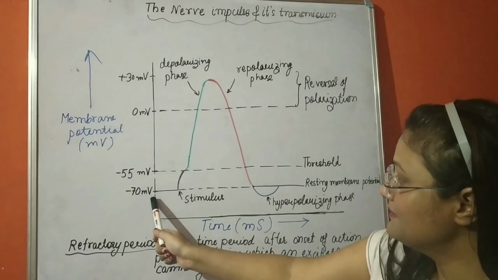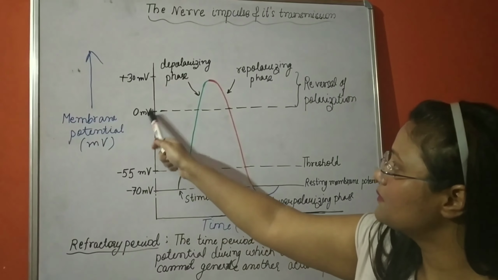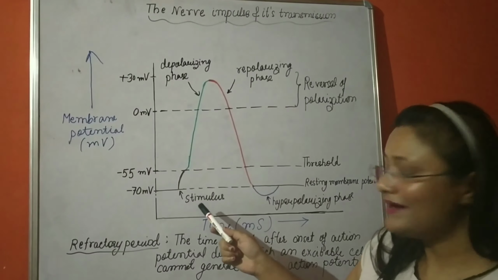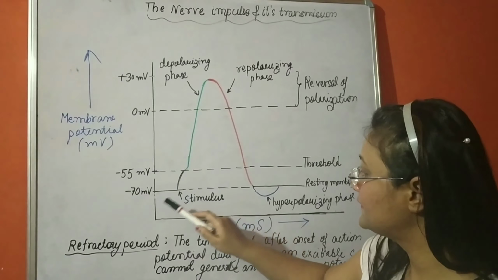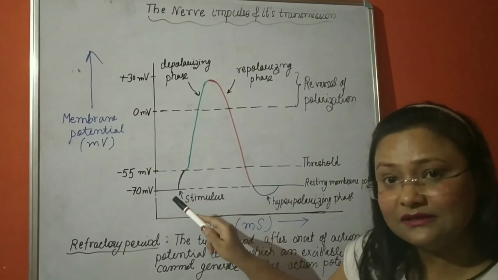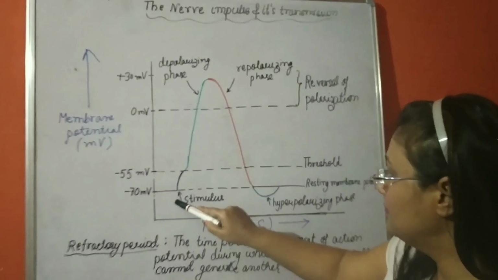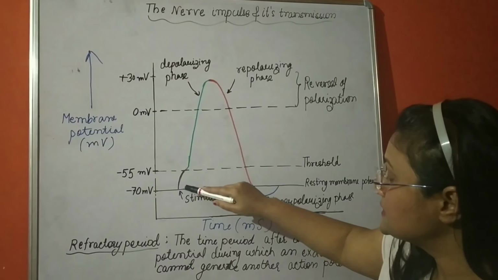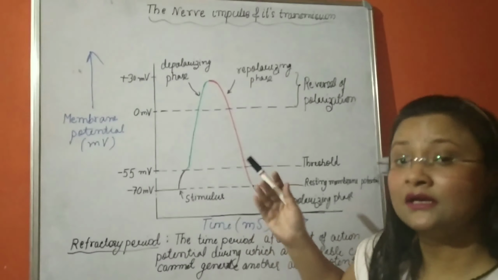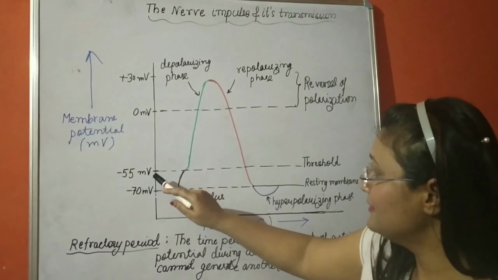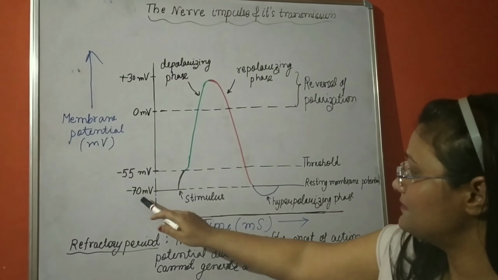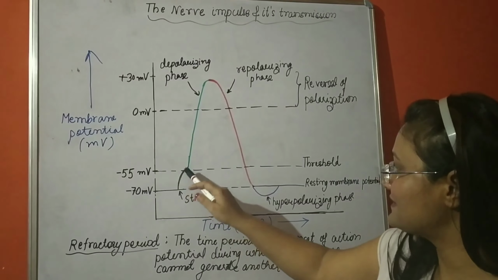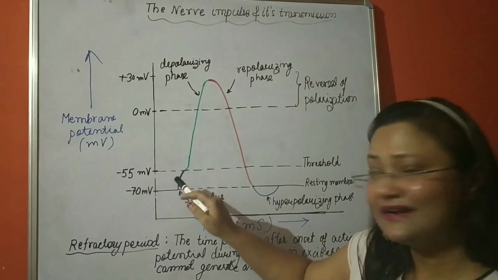This is minus 70 millivolts, minus 55 millivolts, 0 millivolts, and plus 30 millivolts. Now when a stimulus arises, as soon as the stimulus arrives, the membrane gets depolarized. This is the resting membrane potential of minus 70 millivolts, which is in the absence of any stimulus.